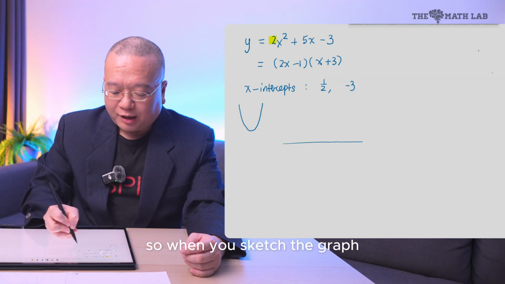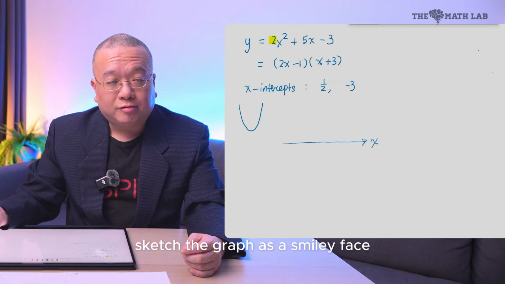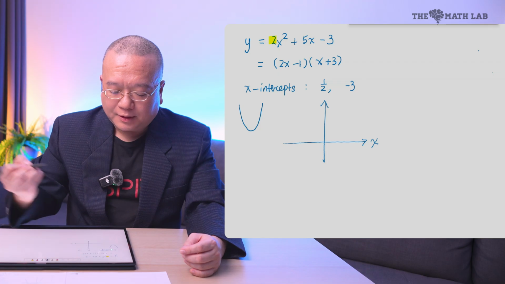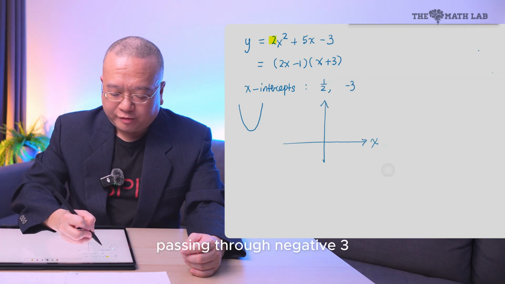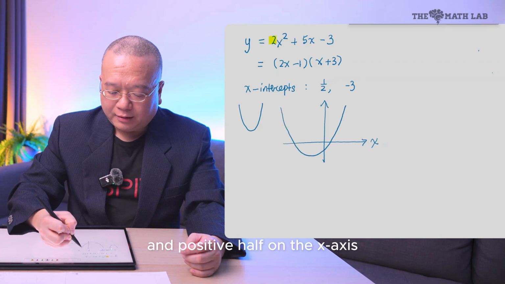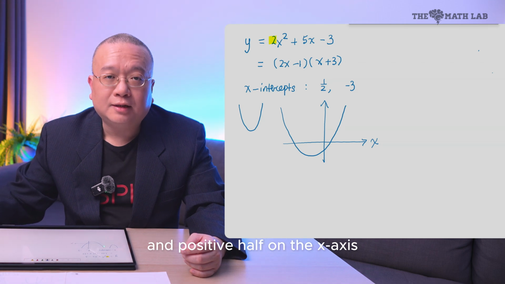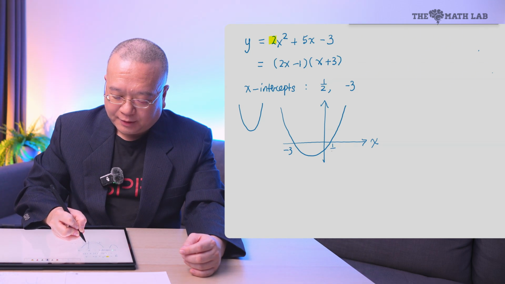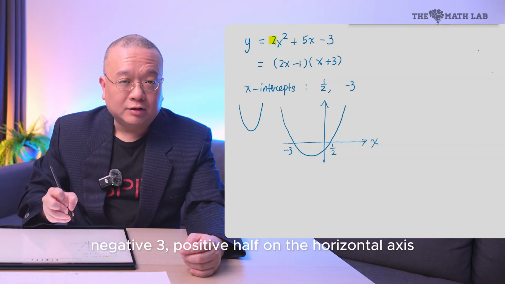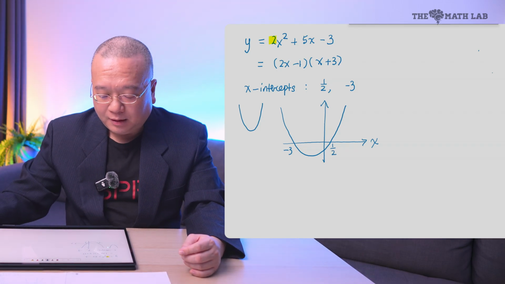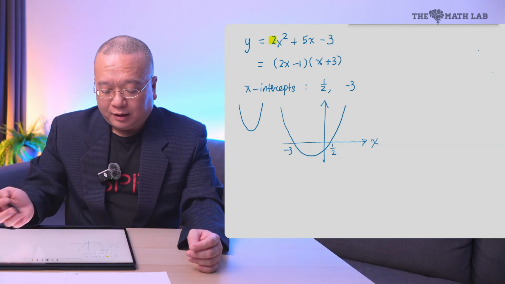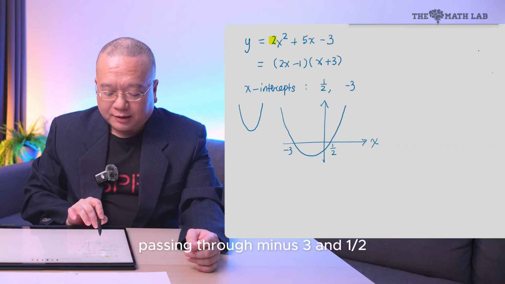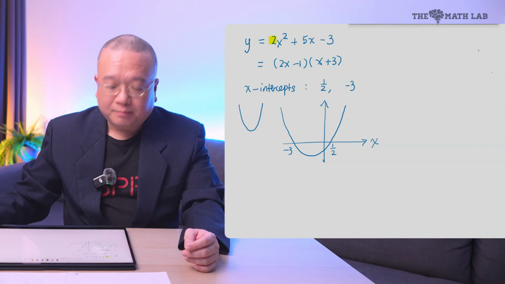So when you sketch the graph as a smiley face, passing through negative 3 and positive half on the horizontal axis, be sure to sketch it so that the graph is proportional, passing through minus 3 and half.